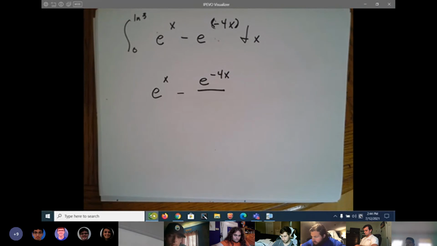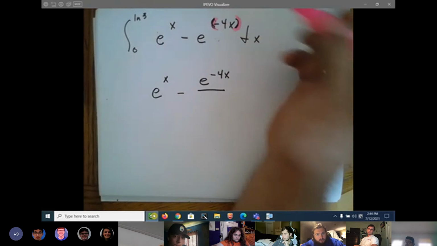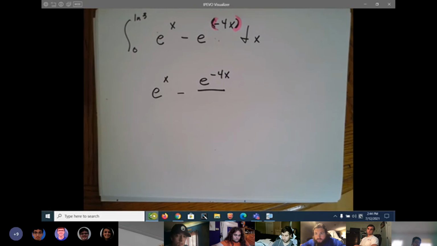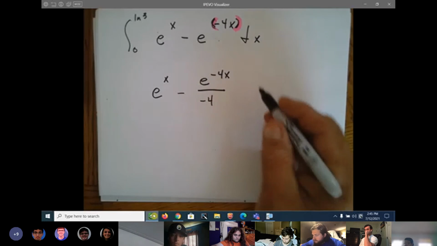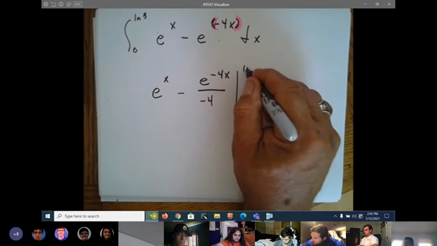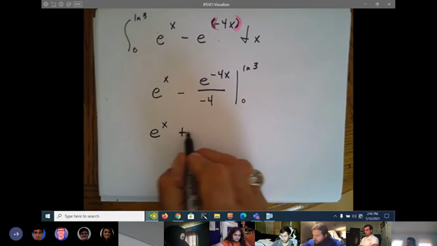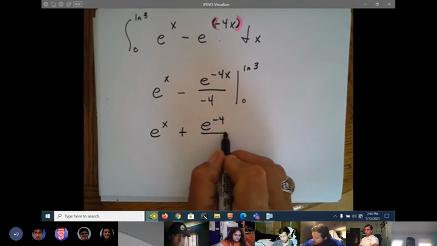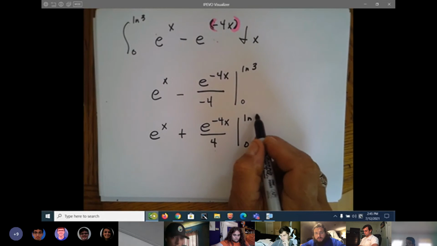Negative 4. You take the derivative of what's inside. Evaluated at 0 and natural log of 3. And that's going to be e to the x plus e to the negative 4x over 4, evaluated at 0 and natural log of 3.